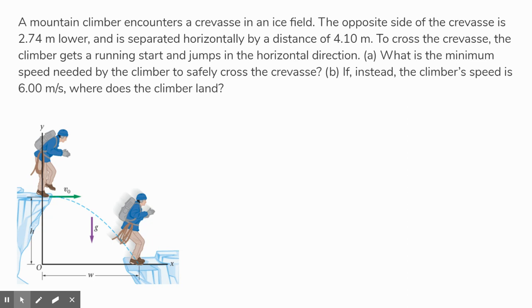So this climber you see here, his motion is straight, a zero launch angle. Good, so we can make use of those assumptions that we just substituted into the equations of motion. We know that this distance right here, h, is equal to y naught, and in this case that is equal to 2.74 meters.